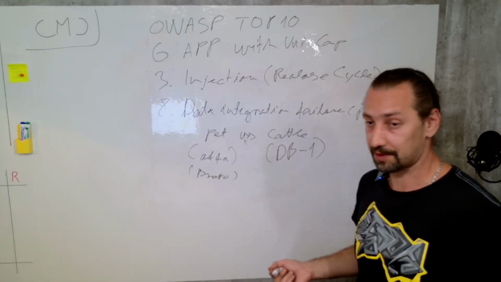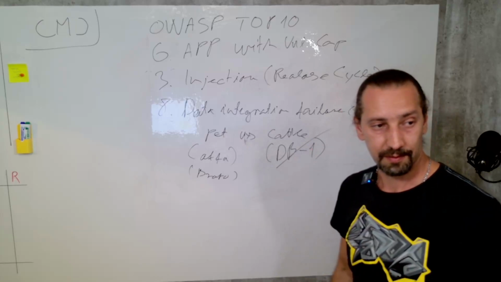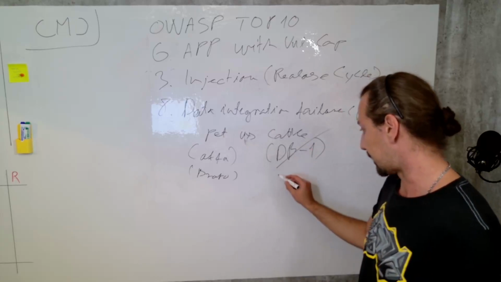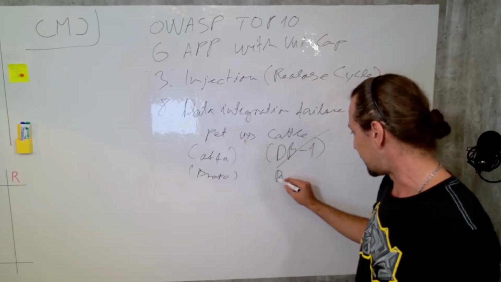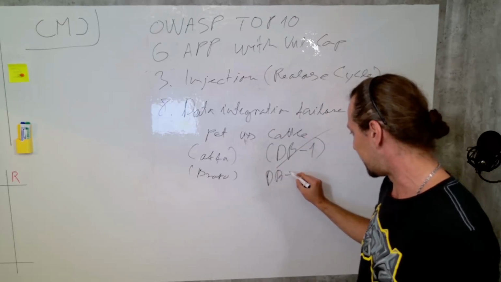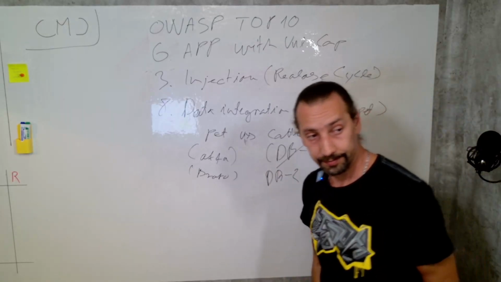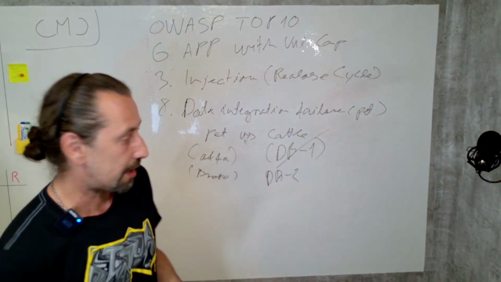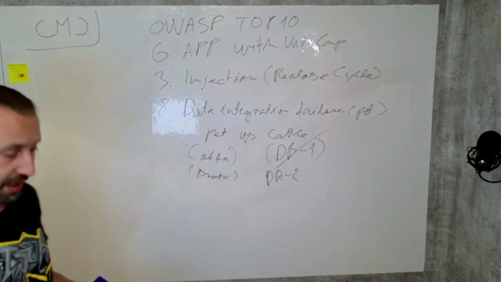What happens when database 1 goes down? Nothing, because there is a database 2, and it can be spun up very quickly.